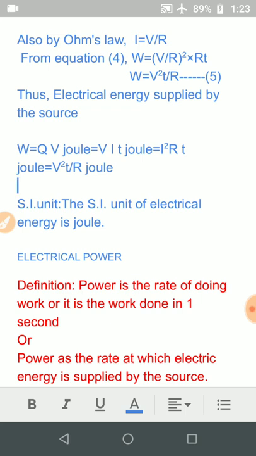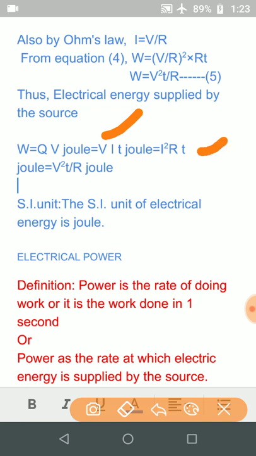By knowing these formulas, that is W is equal to QV, Q is charge, V is voltage or potential difference, and also W is equal to VIT, product of voltage, current and time. It is also expressed in terms of joules, and also equal to I square RT, where I is the current flowing through the conductor, R is the resistance of the conductor, T is the time.